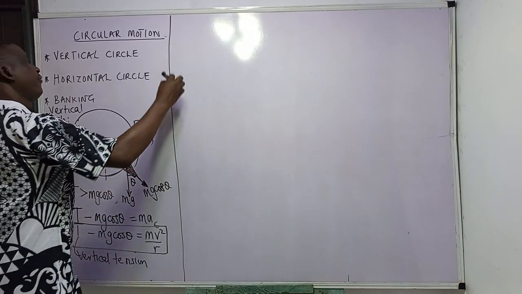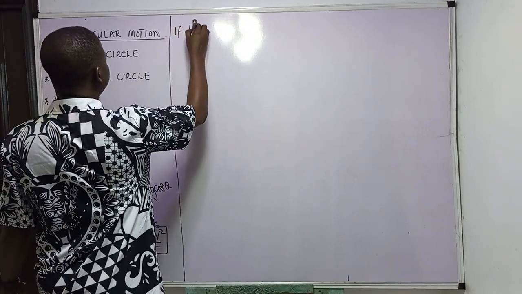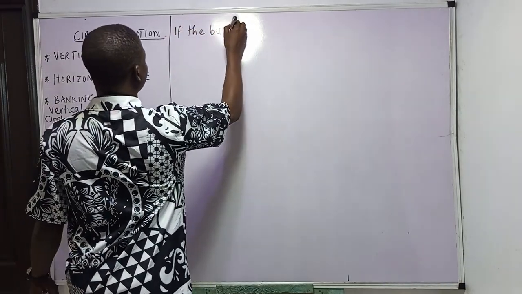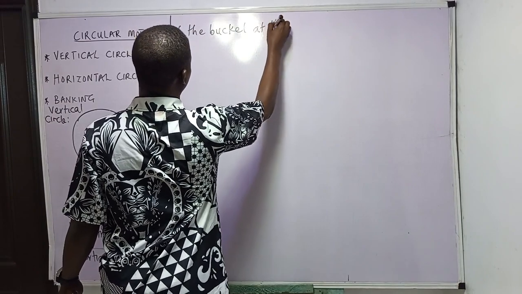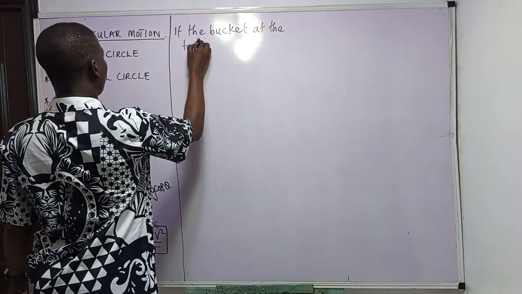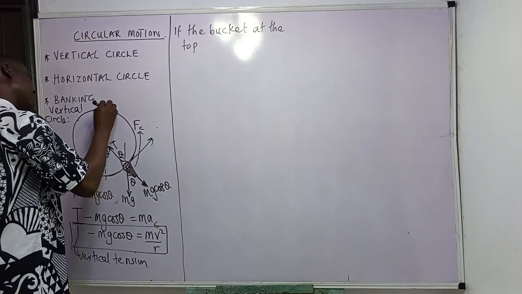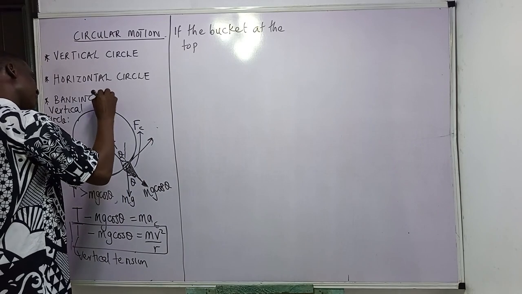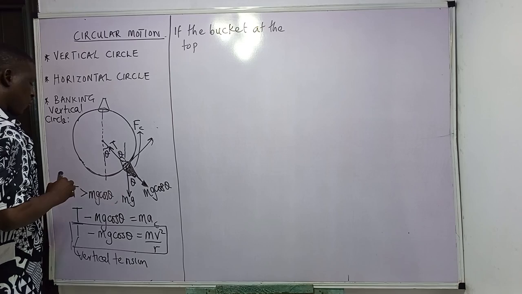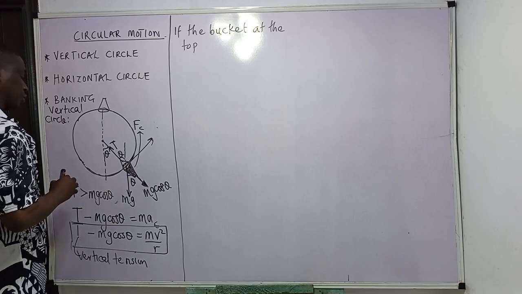So if the bucket is at the top, that is to say, here, it produces what we call a minimum tension.